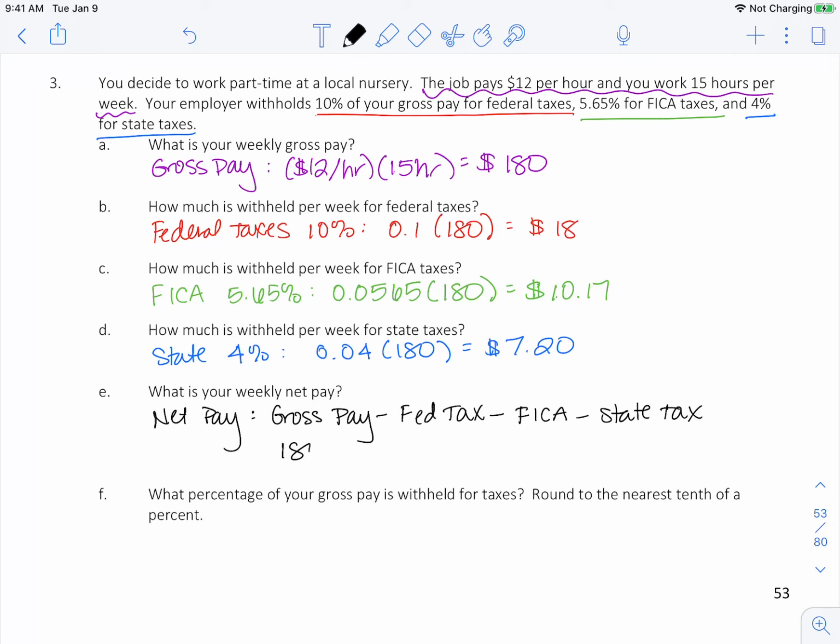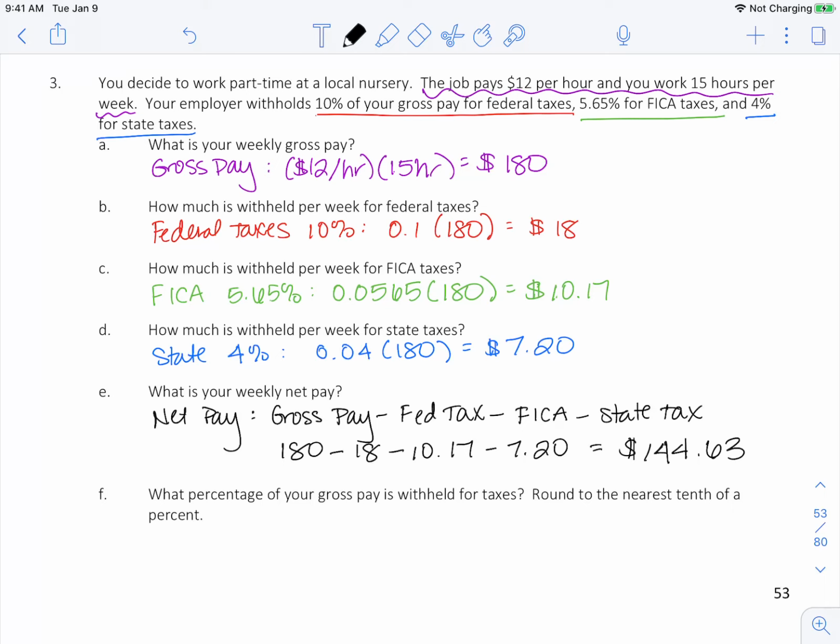So we have $180 minus 18 minus $10.17 minus $7.20. And so our net pay will total $144.63.